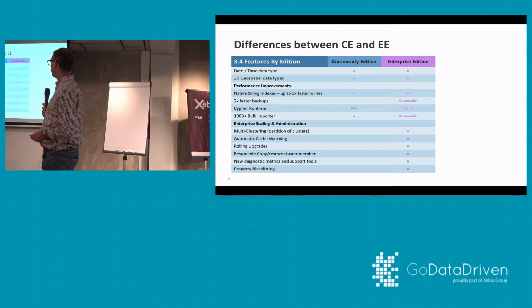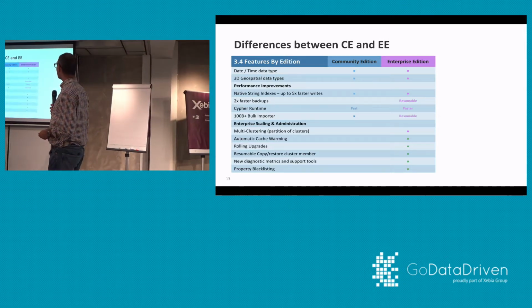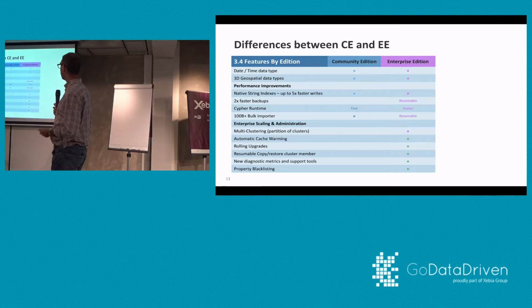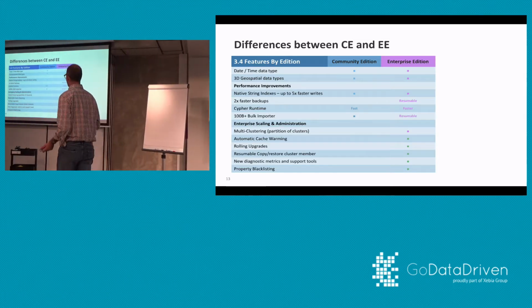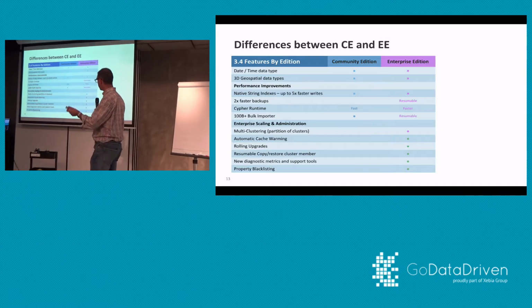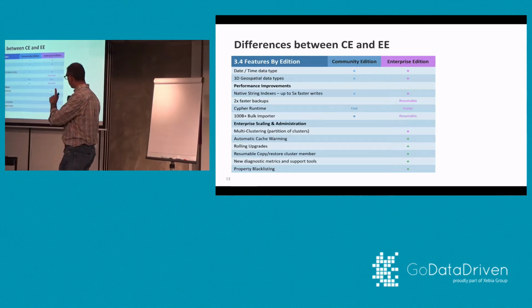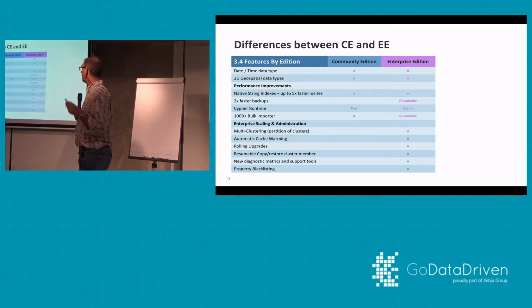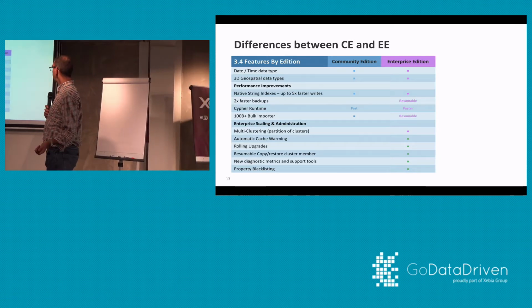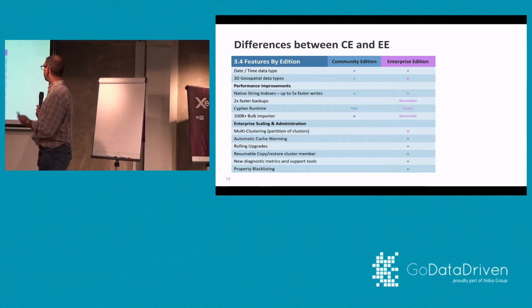And this is a little bit of an overview of that, right? The community edition has the data types, has the string indexing, has the new runtime, or actually it has a specific version of the runtime. It has the bulk importer, but the enterprise edition has a lot more, right?